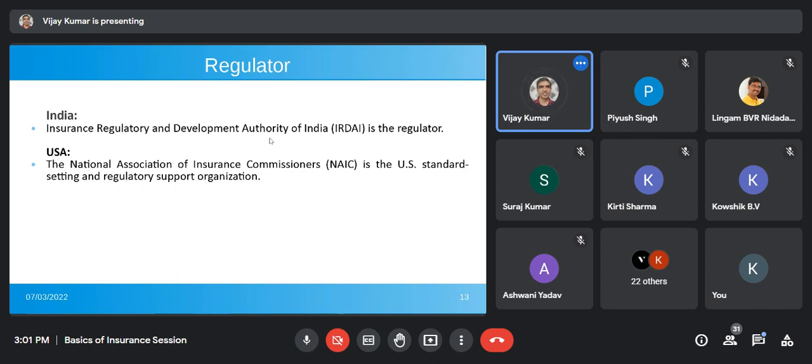So a regulator is a must in India, and it safeguards customers' interest against big insurance companies. They also define the rules and all the regulations around insurance. So you might come across these regulatory bodies when you are implementing your project. I just wanted to highlight that.